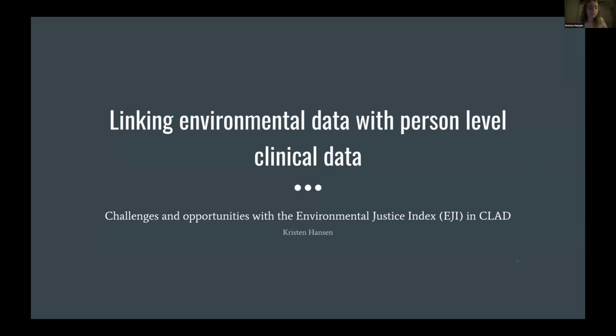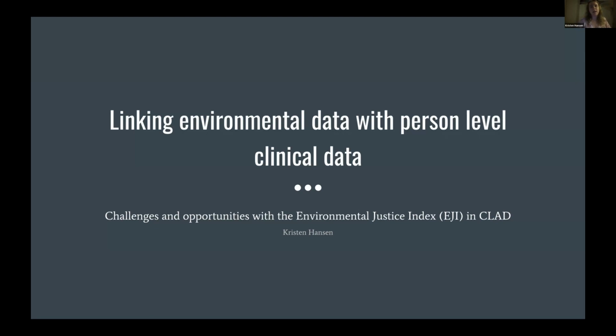All right, so I will give a little bit of context that I wasn't necessarily going to, because Jim was going to kick off the session. I'm going to talk a little bit about linking environmental data with person-level clinical data and EHR data. I work on the CLAD project, and I am the environmental data lead.